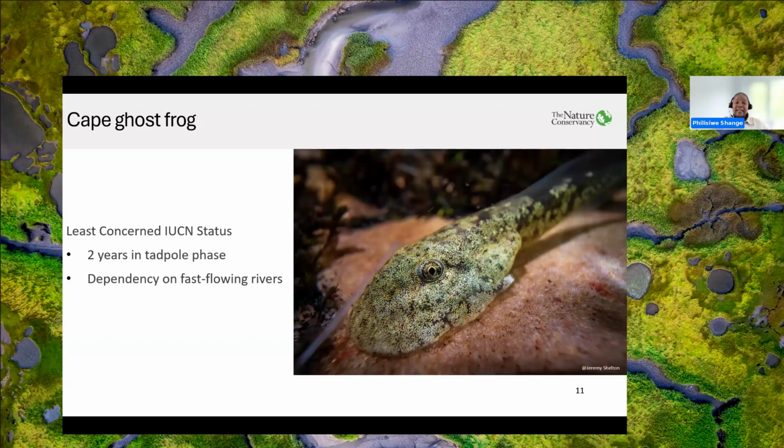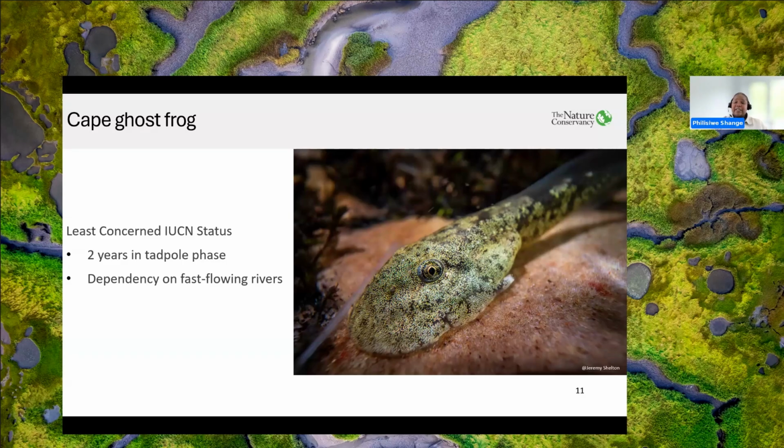So I'll just highlight here one of the species that really relies on flowing and fast flowing rivers, which is the Cape ghost frog. This species is currently listed as least concern on the IUCN status. But one important thing to note about this species, regardless of its status being least concern, is that it spends about 2 years in the rivers before it fully develops into a frog.